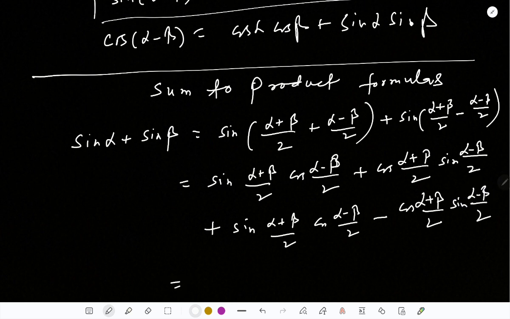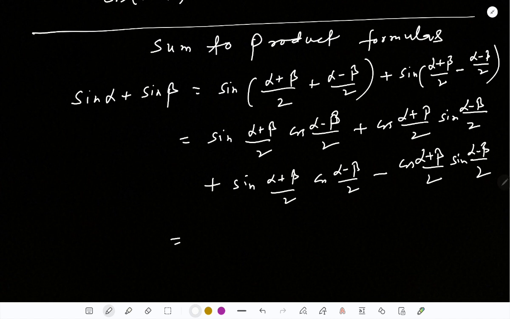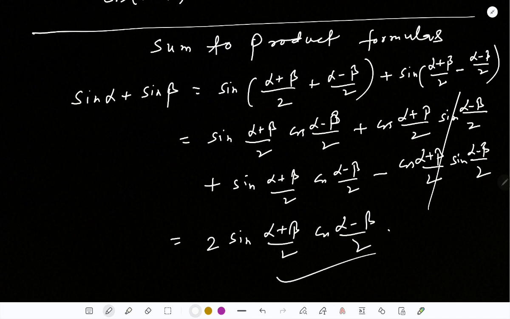And see what you got. These things will cancel out, and you will get simply 2 sine alpha plus beta by 2 and cos alpha minus beta by 2. And you can manipulate other things like this simply by using this approach.